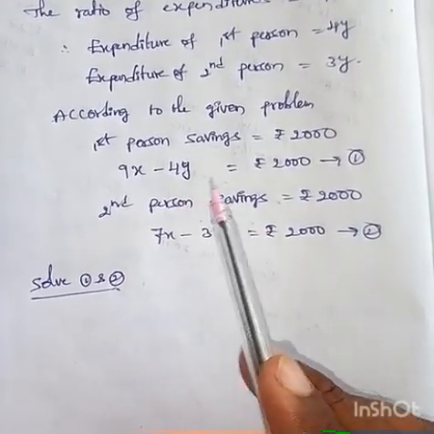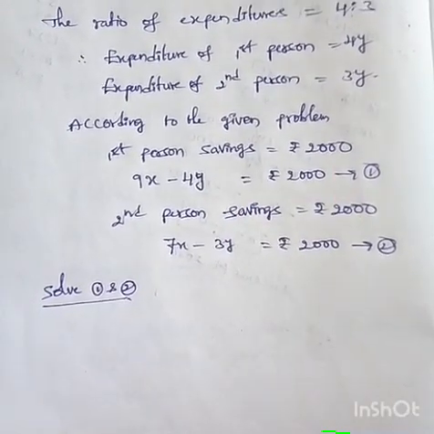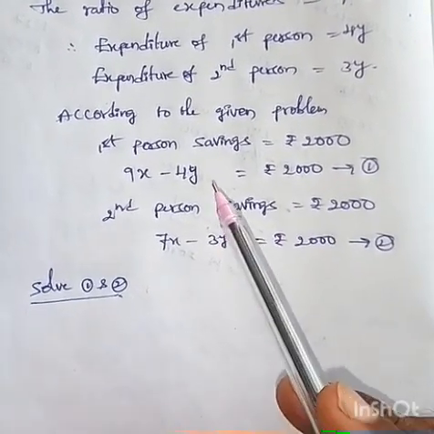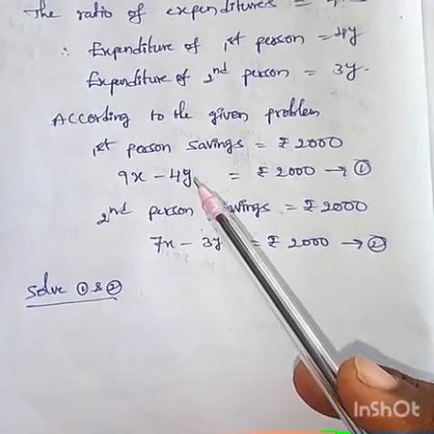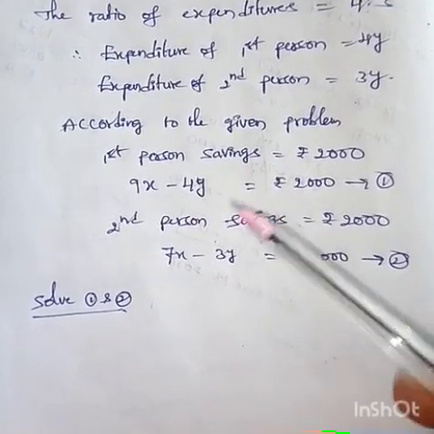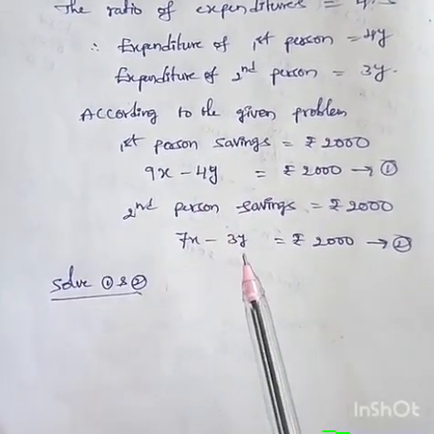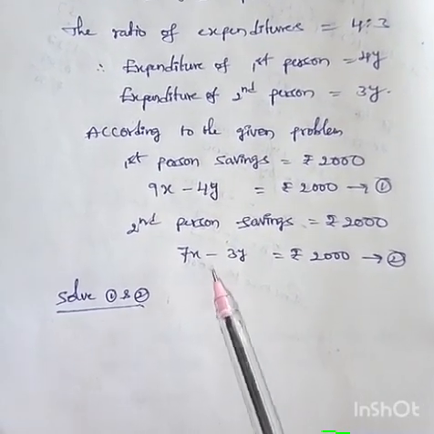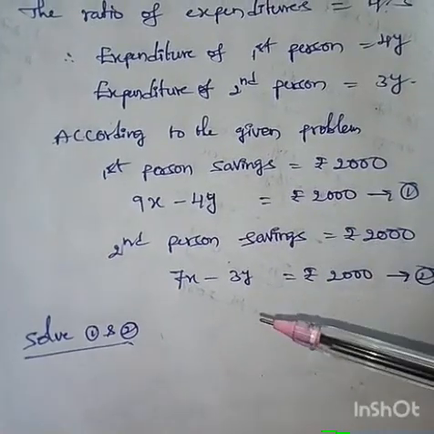Dear students, if you select the elimination method for solving a pair of linear equations, we have to eliminate one of the variables. Here I wish to eliminate y variable. So we have to make the y coefficients numerically equal.